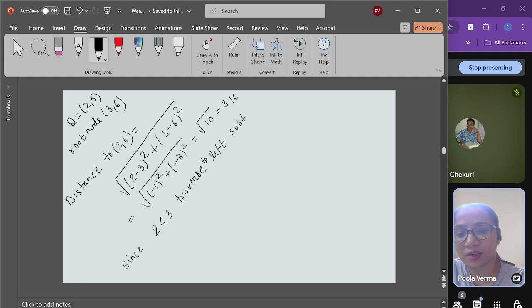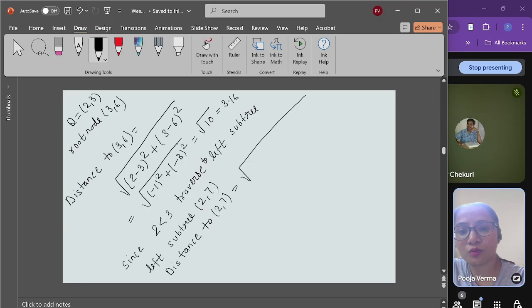Our left subtree is 2 7 in the 2D binary search tree. So we need to calculate the Euclidean distance from the query feature vector to 2 7.